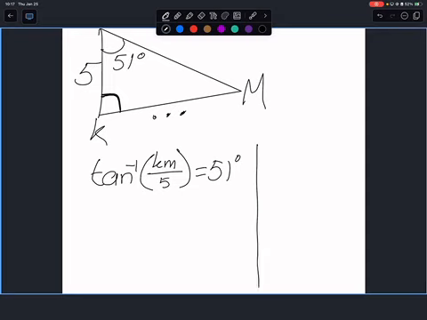You need the tangent, not the inverse, the normal tangent, 51 times 5.